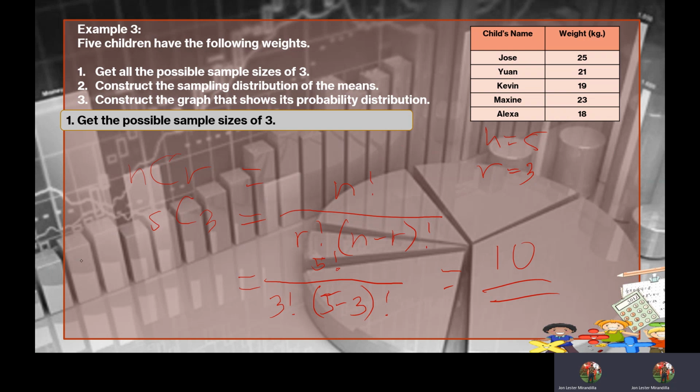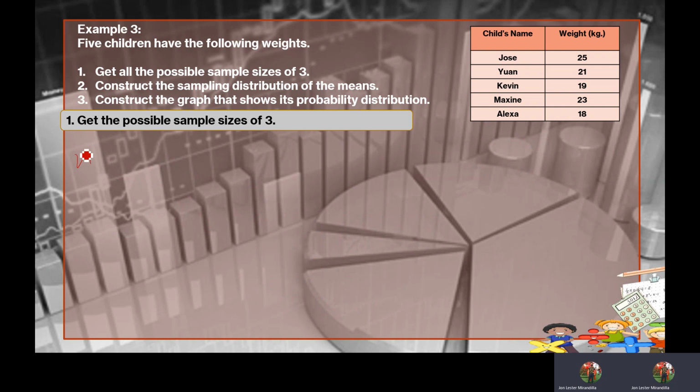So, turuan ko kayo ng shortcut, no? So, paano makuha yun? We have n na 5, r na 3. So, nCr. So, 5 factorial divided by 3 factorial, 5 minus 3 factorial. So, turuan ko kayo ng cancellation method. So, 5 factorial is 5 times 4 times 3 times 2 times 1 divided by 3 factorial, 3 times 2 times 1, multiplied by 5 minus 3 is 2 factorial. Ano ba yung 2 factorial?